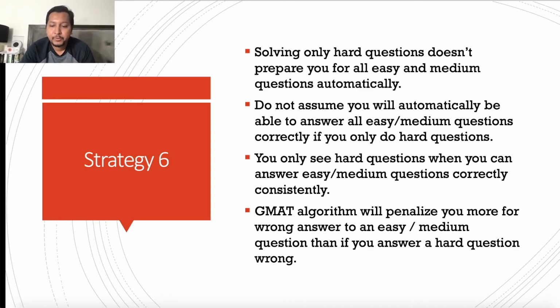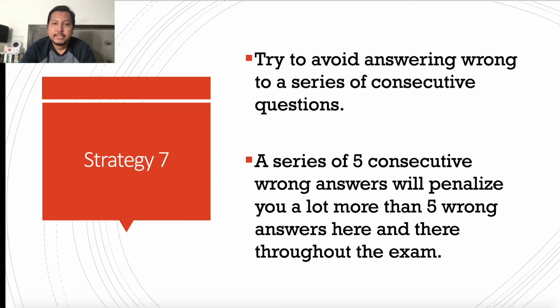Okay, moving on. Strategy 7 tells you to try to avoid answering wrong to a series of consecutive questions, because if you do that, the GMAT algorithm punishes you basically. So let's say there are two candidates. Candidate A answered 25 questions correctly, and candidate B also answered the same number of questions correctly.